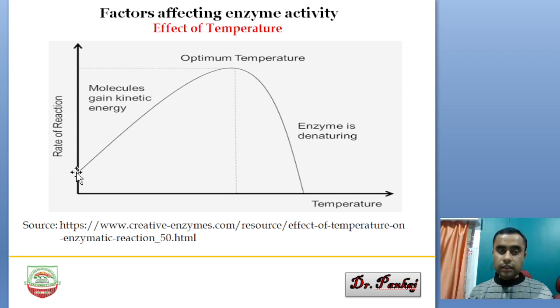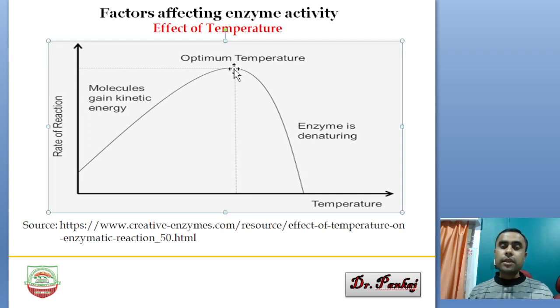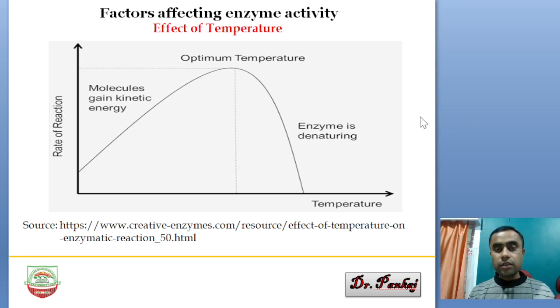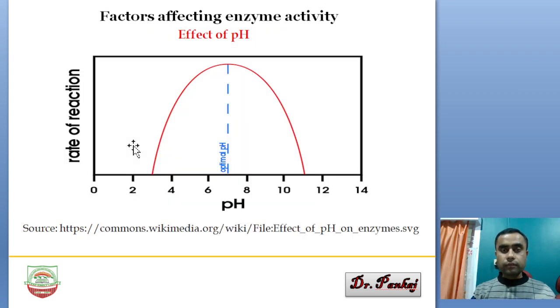First it increases to a point, then it decreases. The temperature at which the rate of reaction is highest is termed the optimum temperature. That means at higher temperature the enzyme does not work, and at lower temperature the enzyme also does not work.